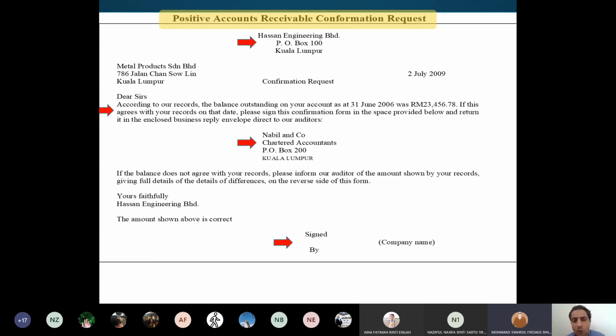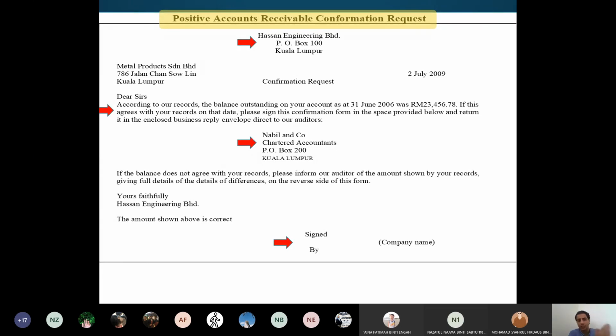Okay, so what we understand from the positive confirmation letter is that the one who sends the confirmation is the client himself, and the one who receives the confirmation is the auditor. This is the thing that I want you to understand, because sometimes students misunderstand this point.